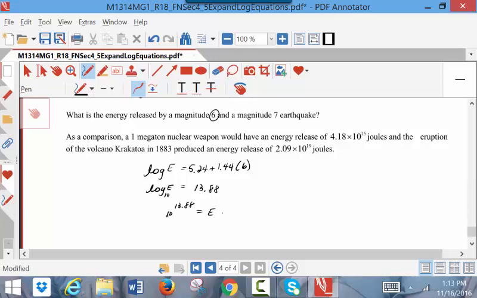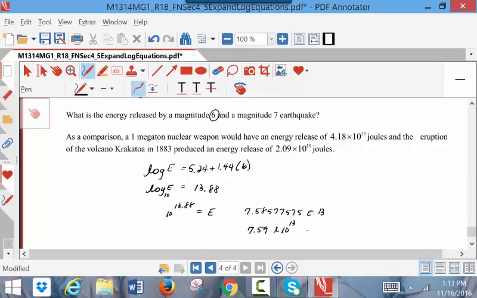Now, if you're looking on your calculator it says 7.58, a whole bunch of numbers here, and then there's an E at 13. What that means is 7.59 times 10 to the 13th power. Correct? That's a huge number, right?